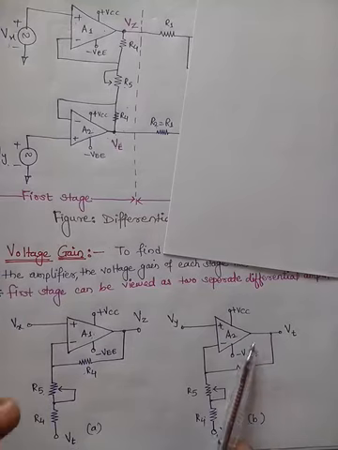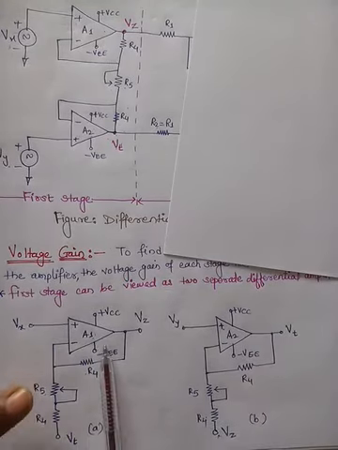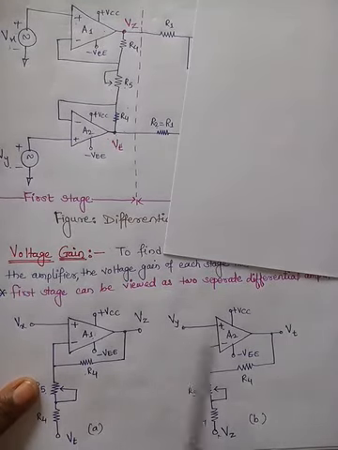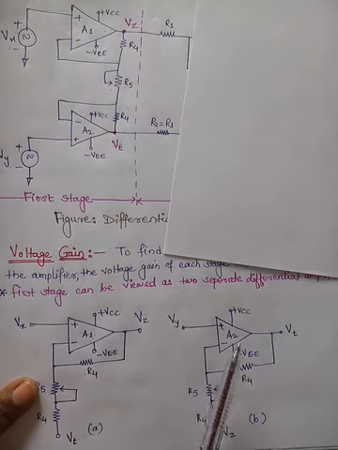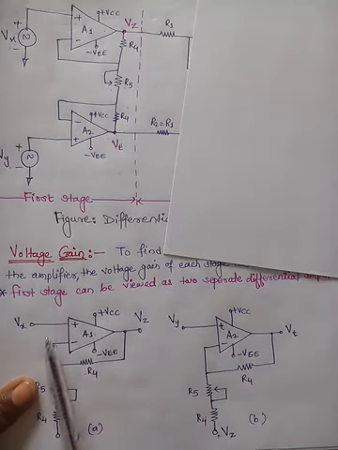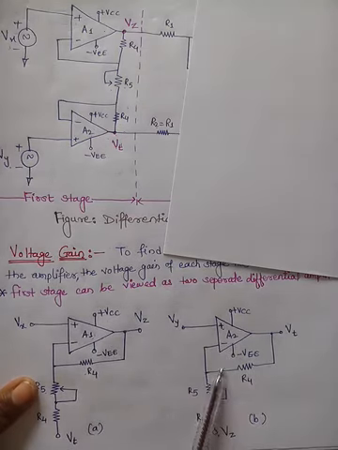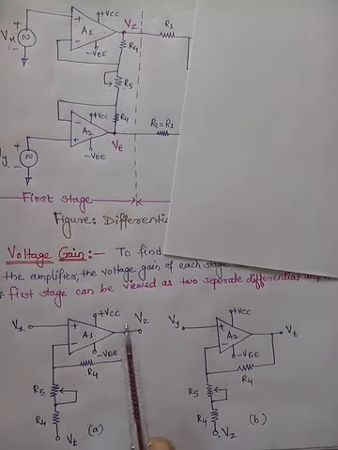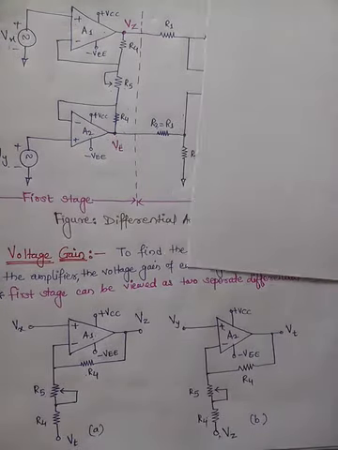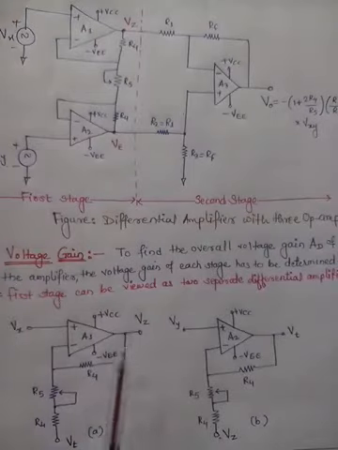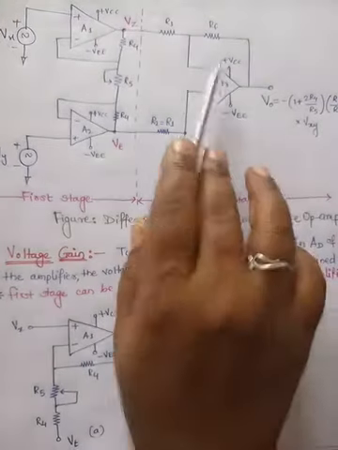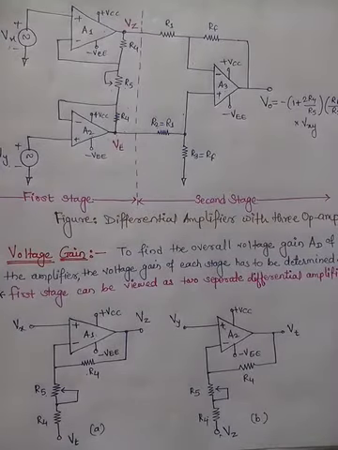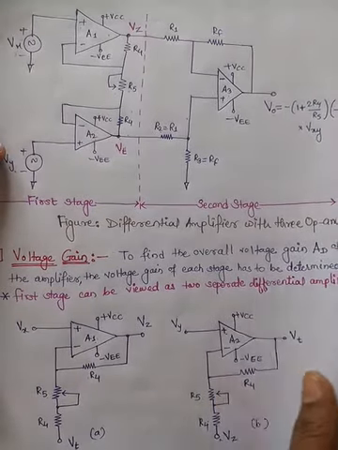These are separate differential amplifiers. We have to find the output voltage separately for both stages, and then by the superposition theorem, or by making these output voltages the input to the third stage op amp, we can find the overall voltage gain for the circuit.